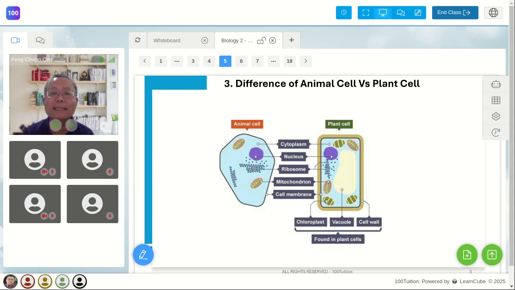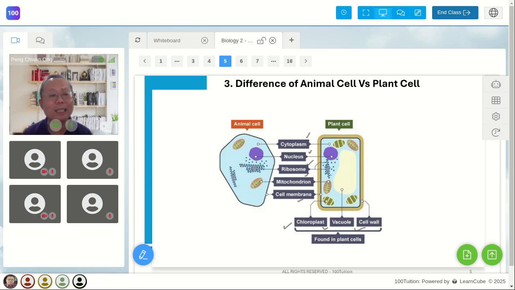To help us remember, when we compare in this diagram, I hope it will help you. You can see what are the similar organelles in both plant cell and animal cell: our cytoplasm, our nucleus, our ribosome, our mitochondria, our cell membrane. And what exists only in plant cells but not in animal cells: the chloroplast, the vacuole, and the cell wall.